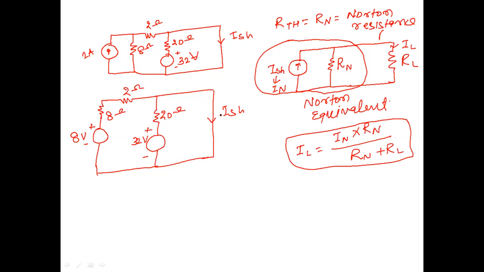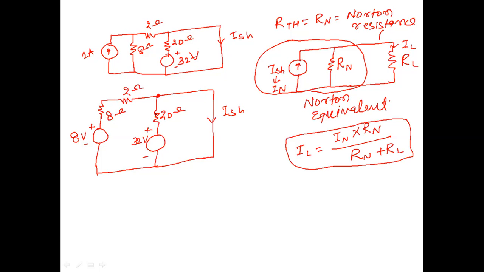Okay, so now we will see from here there is an 8 volt source. When this portion is shorted, what will be the voltage here? The voltage here will be 0. When it is shorted, current will be maximum, but voltage will be 0. So there are two voltage sources, this 8 volt source and this 32 volt source.